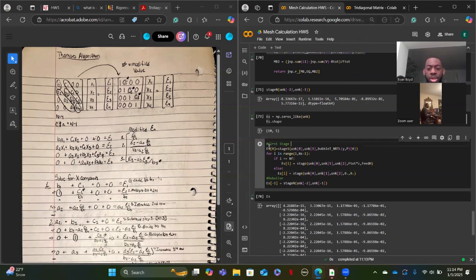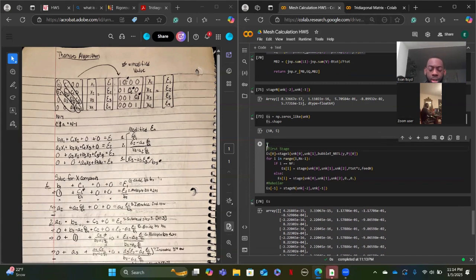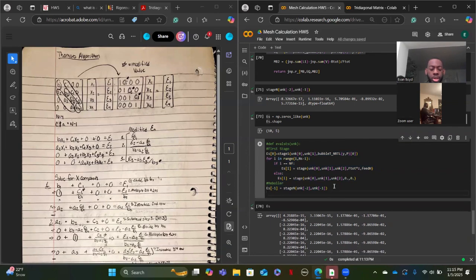That's what I'm trying to get at: this will all be in a function later on for evaluating our equations with respect to our unknowns. And then we'll return, of course, our E's, I mean, our equations. Let's get back to this.